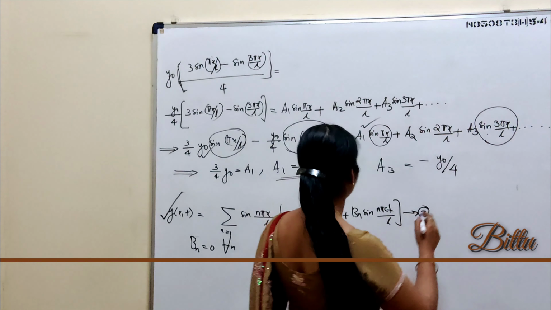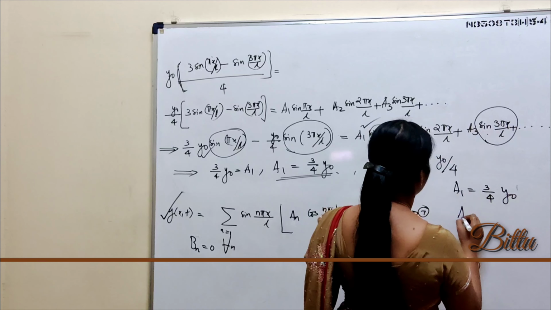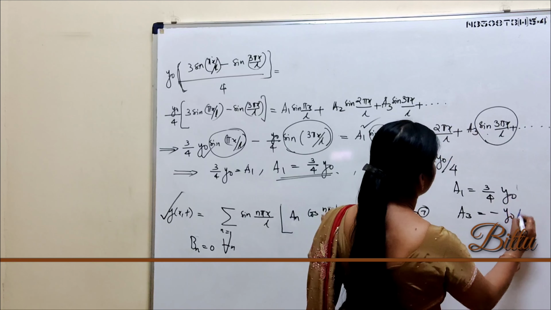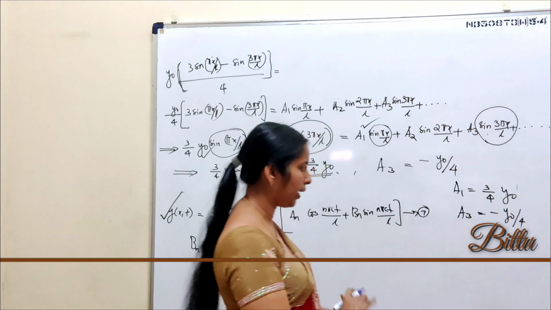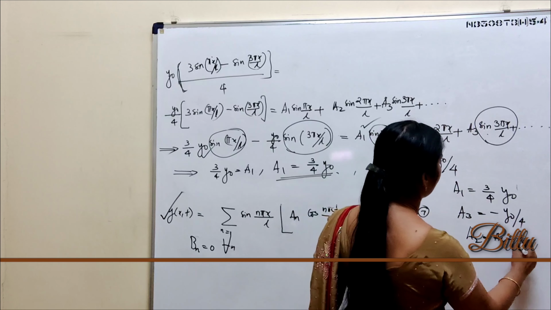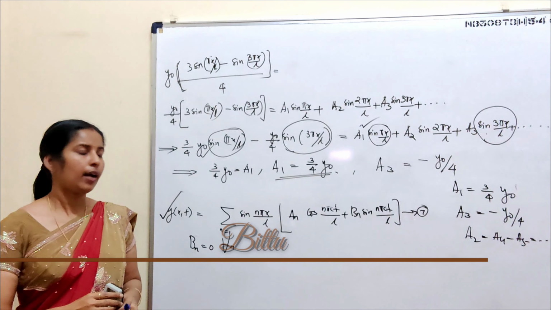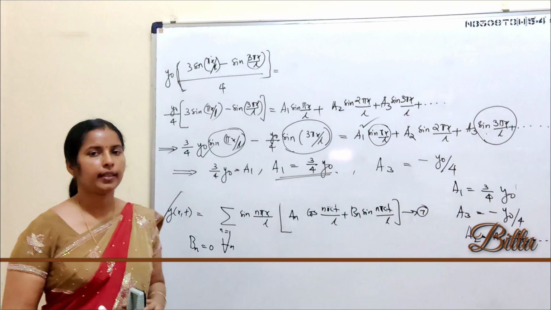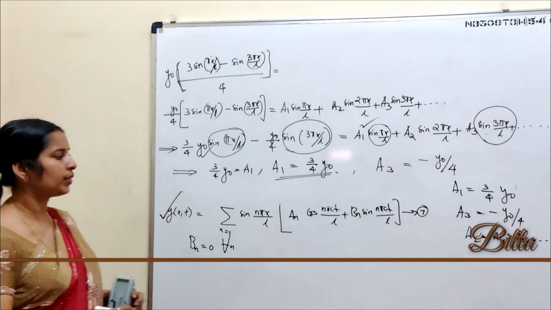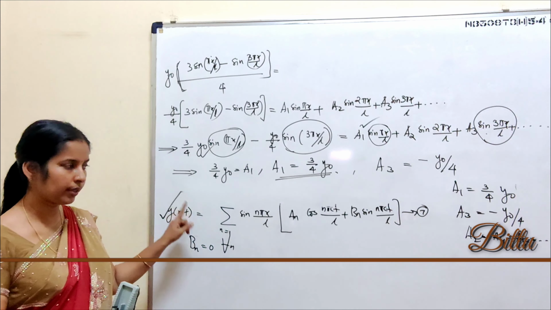Now we have only a1 equal to 3 y0 by 4 and a3 equal to minus y0 by 4, these are the two non-zero values, and all the other a's, that is a2, a4, a5, etc. are zeros. Next we have to put these values in the latest solution of our wave equation, which is given by equation number 7. So in equation number 7 we have to substitute these values.